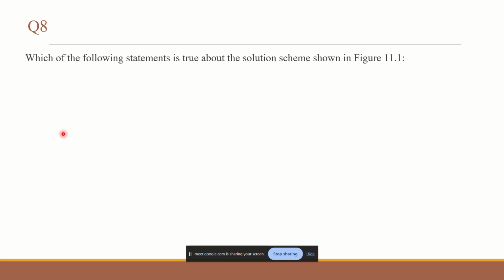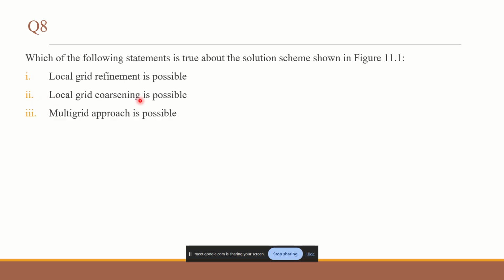Question 8: which of the following statements is true about the solution scheme shown in figure 11.1? First one, local grid refinement is possible. Second one, local grid coarsening is possible.